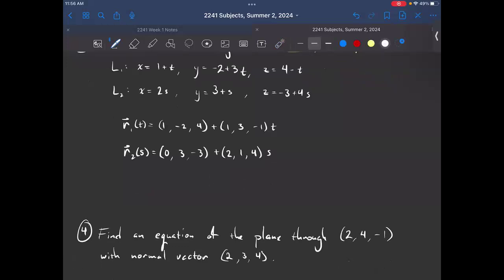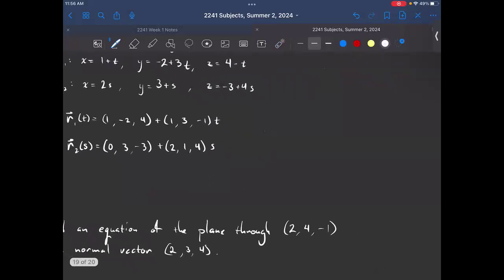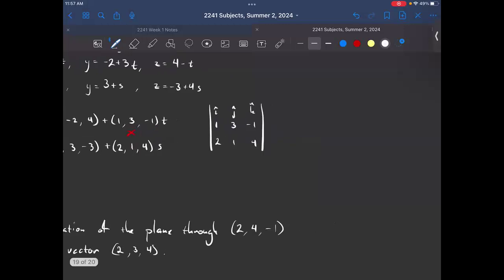I know how to check if they're perpendicular: I do the dot product and get 0. For parallel, I use the cross product. So I want the cross product between 1, 3, minus 1 and 2, 1, 4, with i, j, k. If this cross product ends up being 0, they're parallel. If it doesn't, they're not.